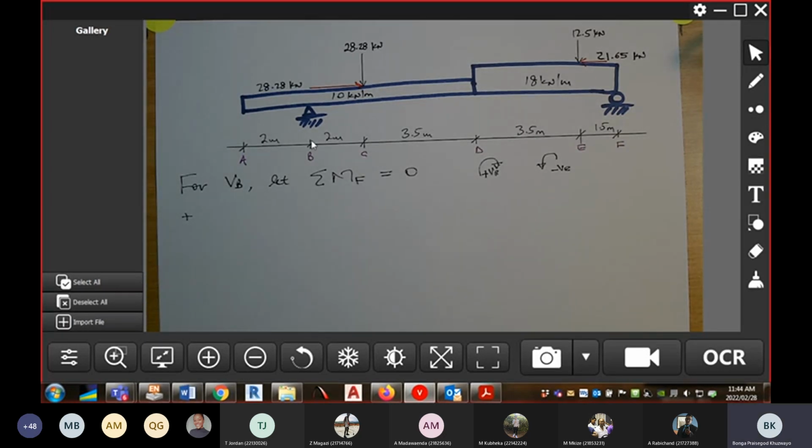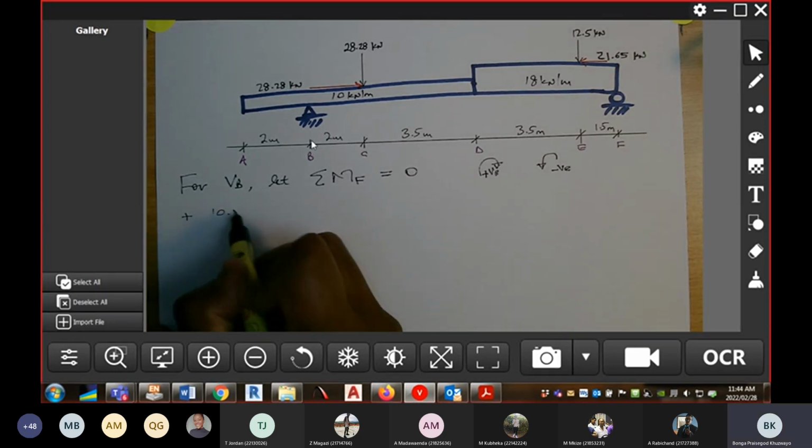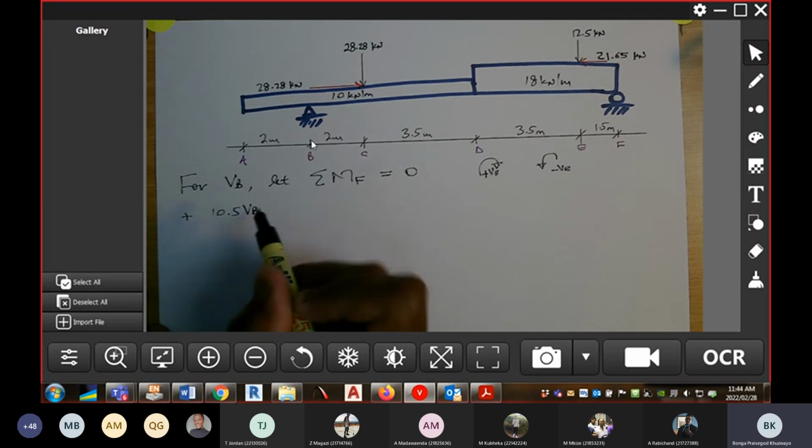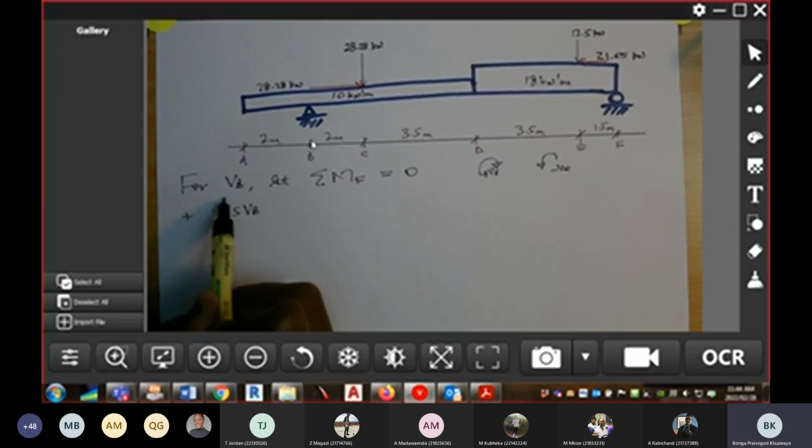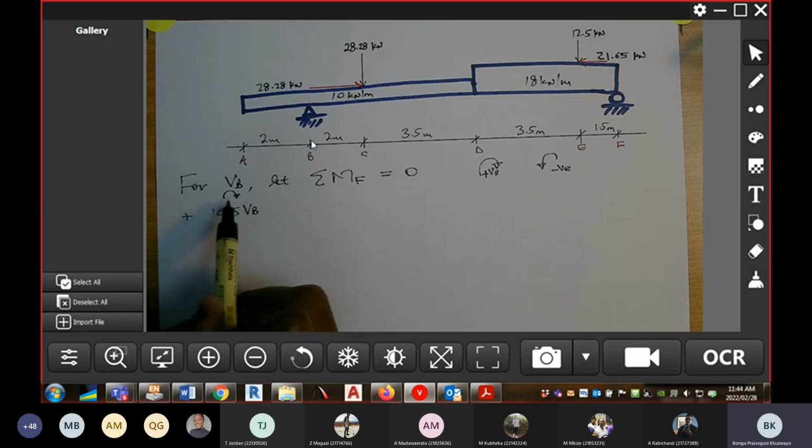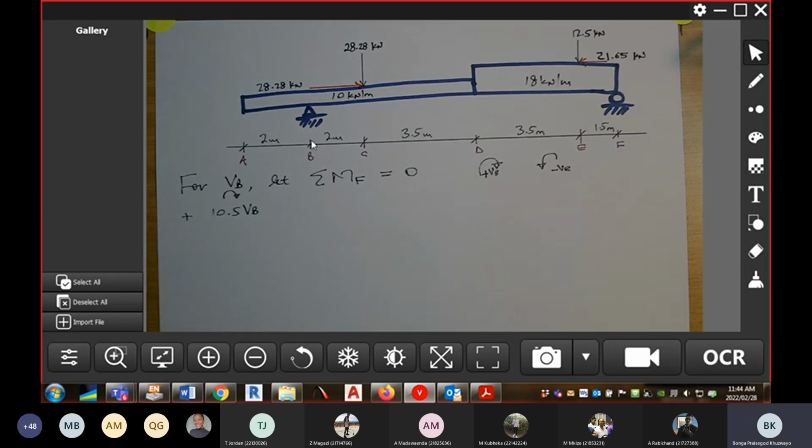Okay. 10.5. Thank you. 10.5 VP is causing clockwise rotation about node F. So we've got 10.5 VP.